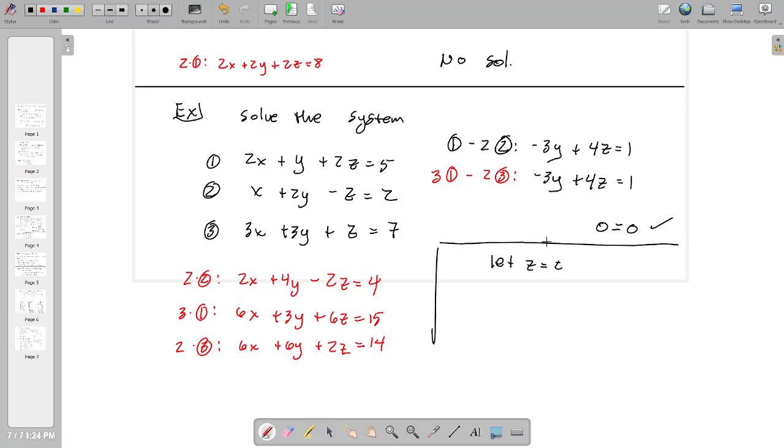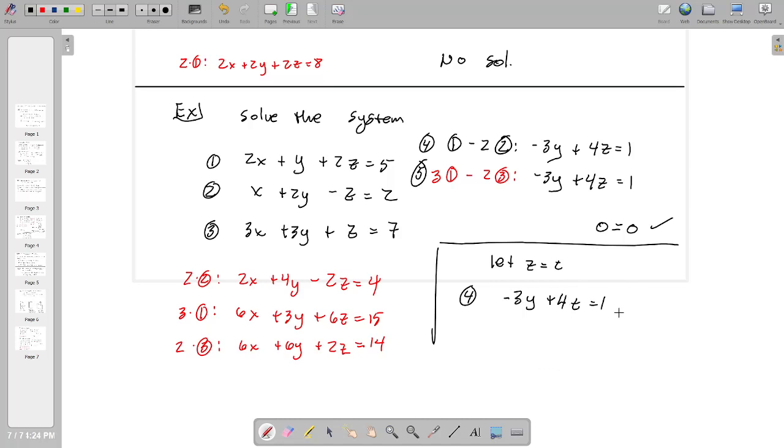Once we let z equal t, then we can solve for y in terms of t. So we'll have 3y, call this equation 4 and equation 5. Equation 4 and 5 are equal, so it doesn't really matter. We'll have negative 3y, so this will be equation 4, plus 4 times t is equal to 1.